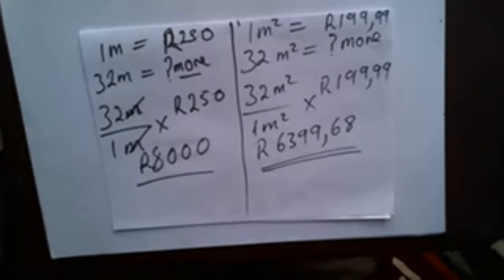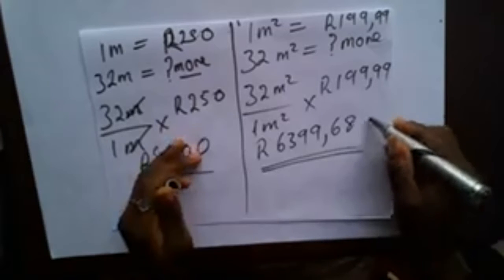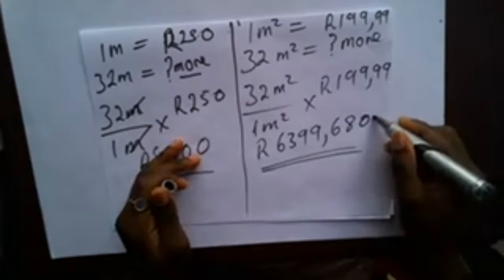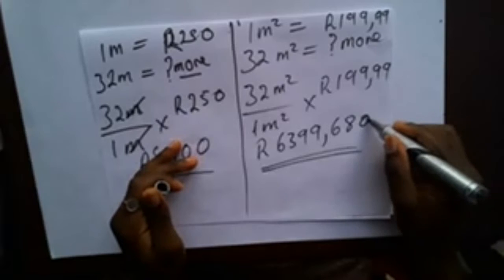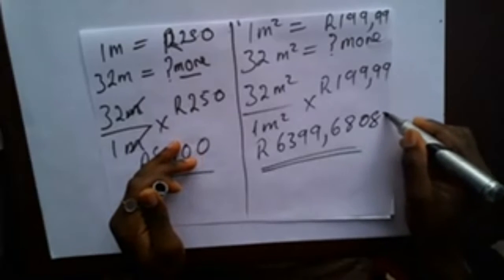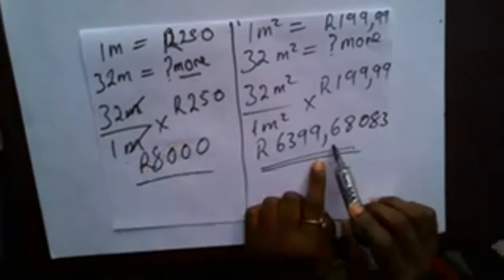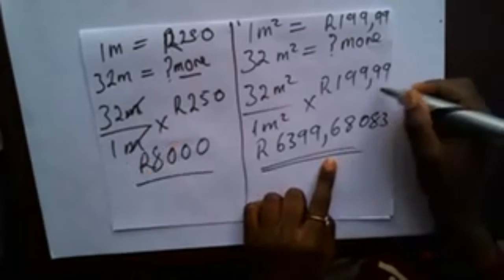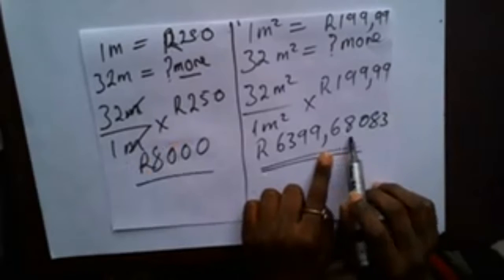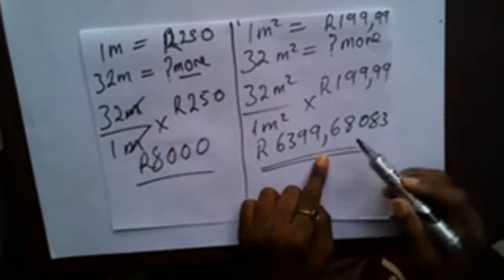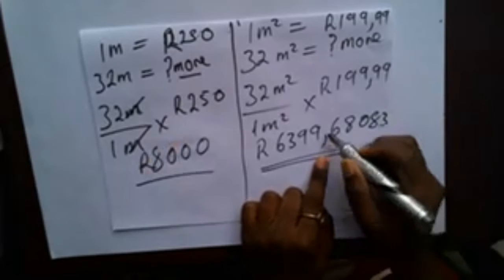If you don't know how to round values to 2 decimal places, guys, let me just quickly show you here. If you are being asked to do 2 decimal places, like in this case, you count how many values after this comma we have.